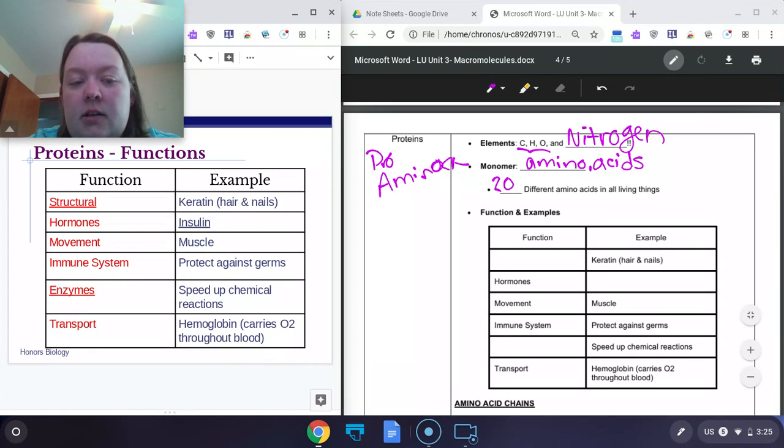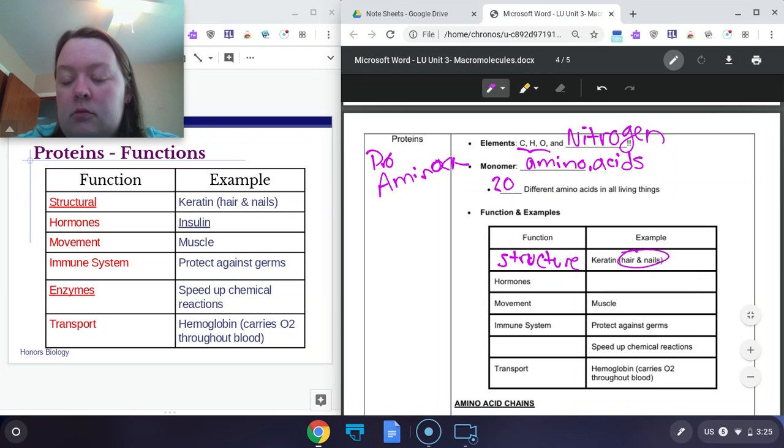Some functions and examples of proteins. Proteins can be used for structure. For instance, we talked about back a couple slides, we talked about hair, skin, and nails, scales, as well as tusks and beaks.